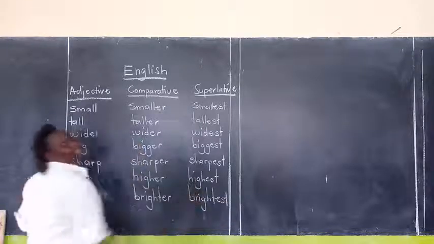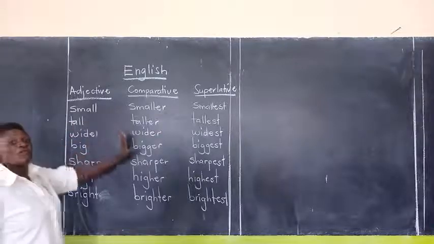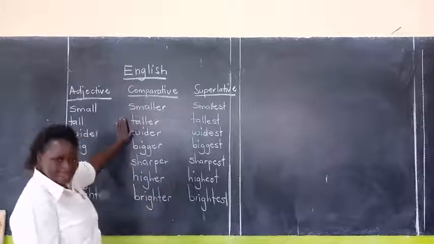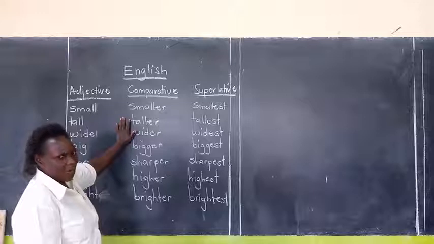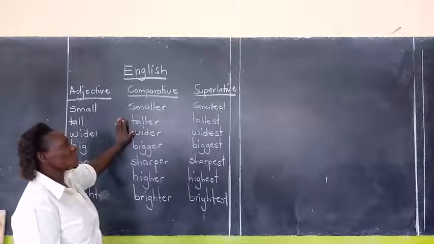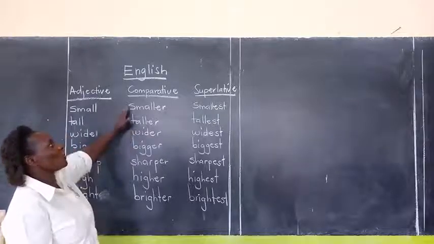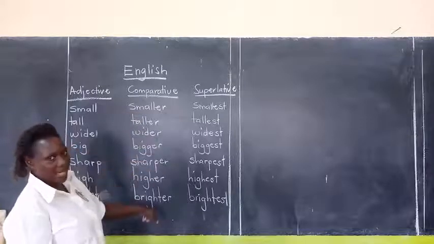And many others. Here we have just been reviewing the work that we looked at yesterday. We are reminding ourselves that with some adjectives, when changing them into their comparative class, we add er to the adjective.